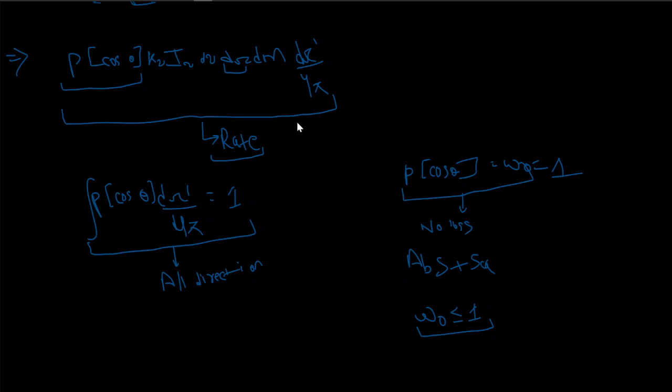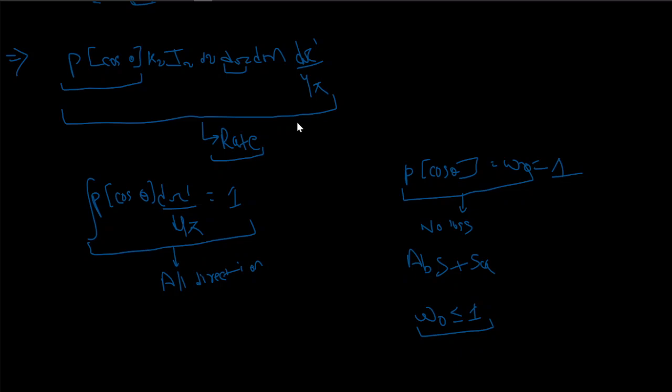So when there is perfect scattering, there is isotropic radiation. Maybe the value of omega naught is less than 1, and that signifies that there is some sort of absorption of the radiation. So this is how we define the angular distribution of the radiation when it is being scattered in all directions, and if the probability equals 1, it is the case of perfect scattering.